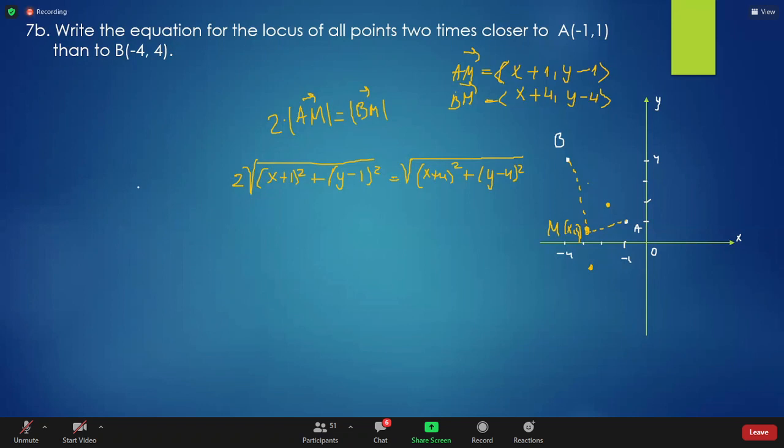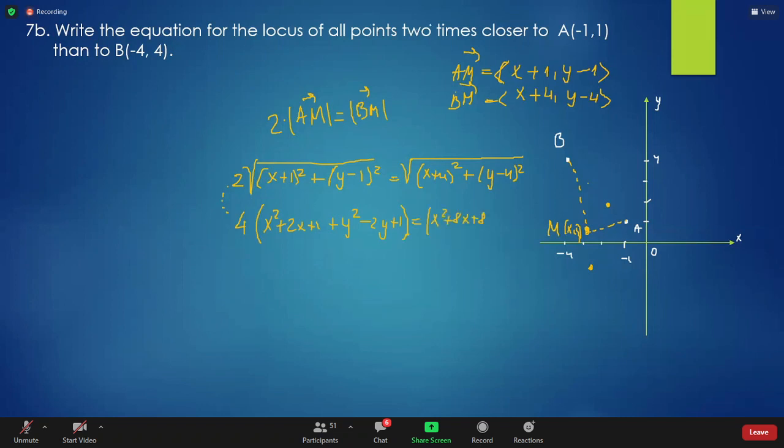So 4 times (x squared plus 2x plus 1 plus y squared minus 2y plus 1), in parentheses, because we also have to square the number 2. And on the right-hand side, we have x squared plus 8x plus 16 plus y squared minus 8y plus 16.